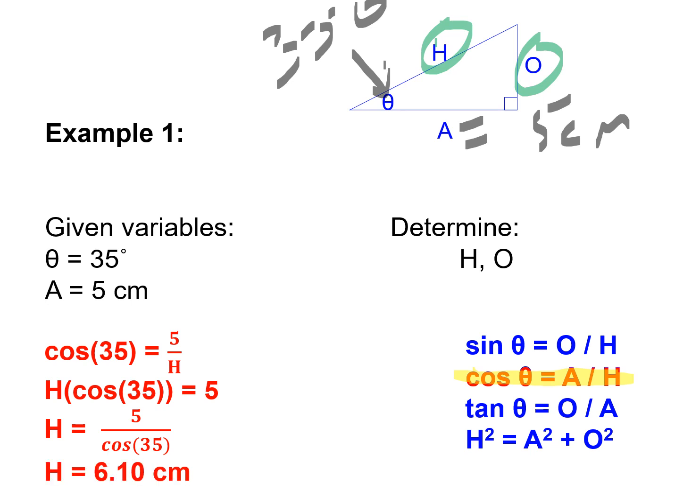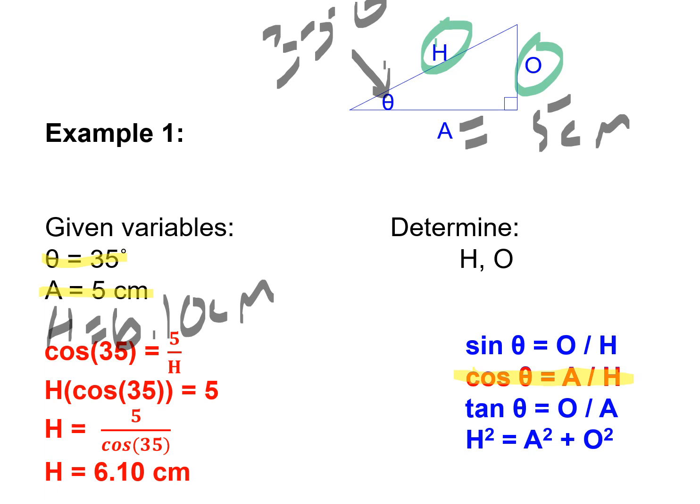We do that, we get H is equal to 6.10 centimeters. So now we know three things: that theta is equal to 35, that A, or adjacent side, is equal to 5 centimeters, and we also know that H equals 6.10 centimeters.